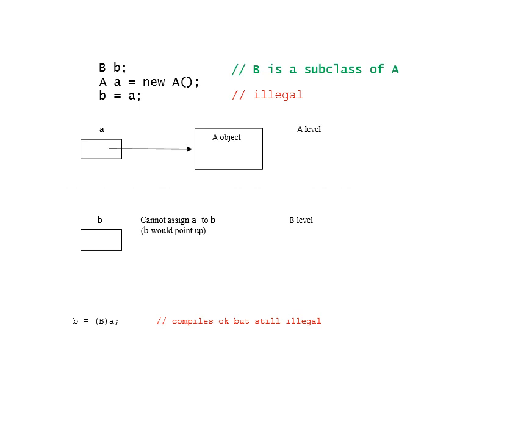All right, so here we have A, which is pointing to a genuine A object. And little b is a B object pointer, right? And there I'm trying to take the pointer that's in A and put it in B, in which case B would point up to the A object.